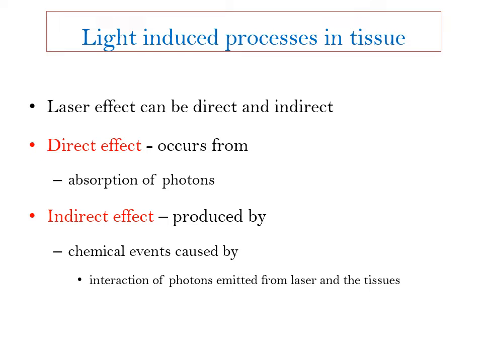All these effects of light begin with the absorption of electromagnetic radiation or photons. So during absorption, the intensity of an incident light is attenuated by passing through a medium, which is tissue, due to partial conversion of light energy into heat motion or certain vibration of molecules.